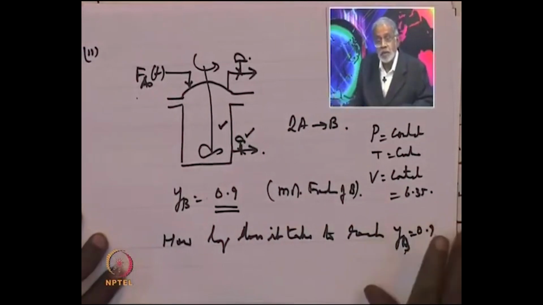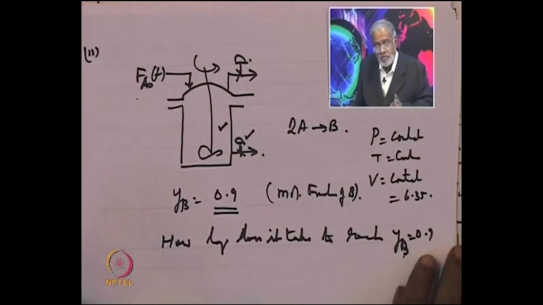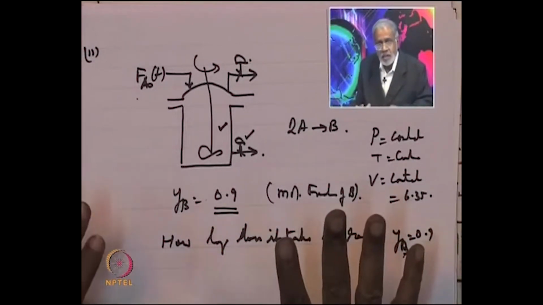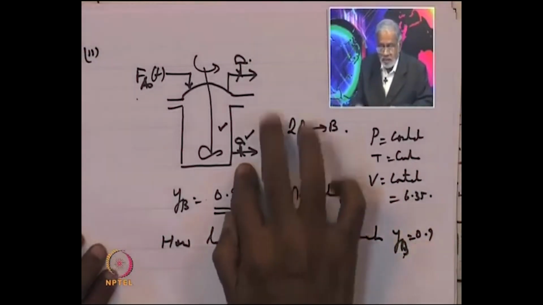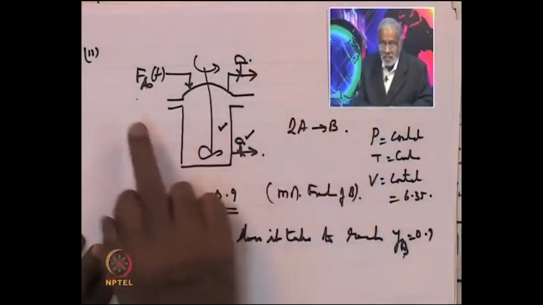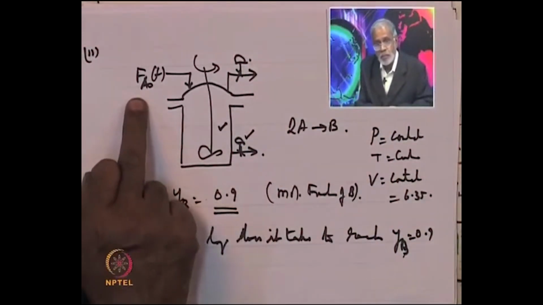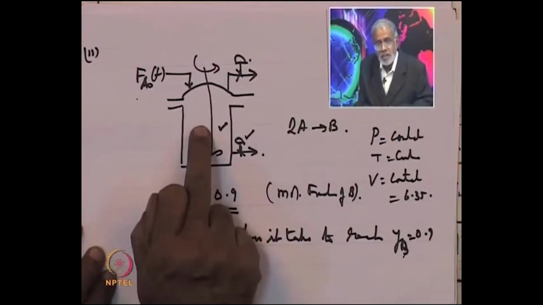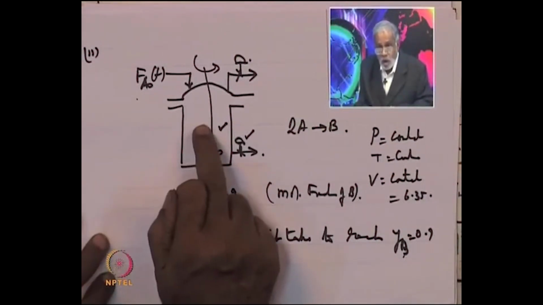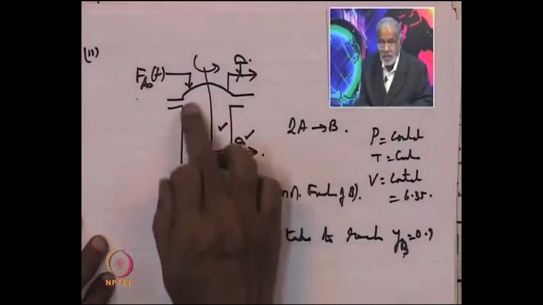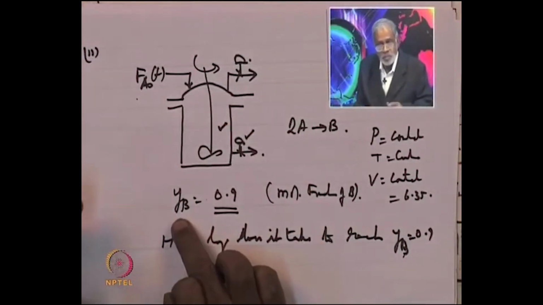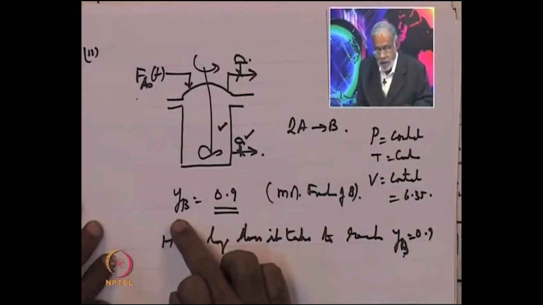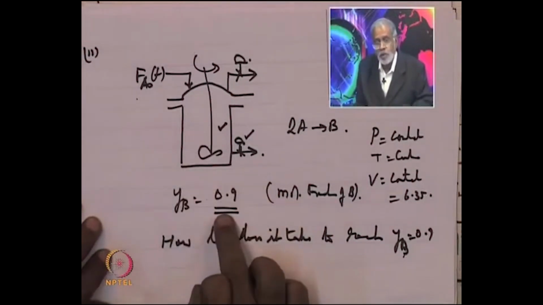Let me repeat, the question is, when the process is running at steady state, we close the outlet valves and we adjust the flow entering the equipment so that pressure remains constant, and we want to find out how long it would take for the composition inside the equipment to reach Yb, or mole fraction of component B, of 0.9.